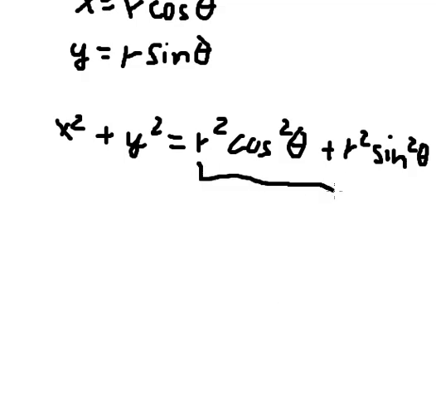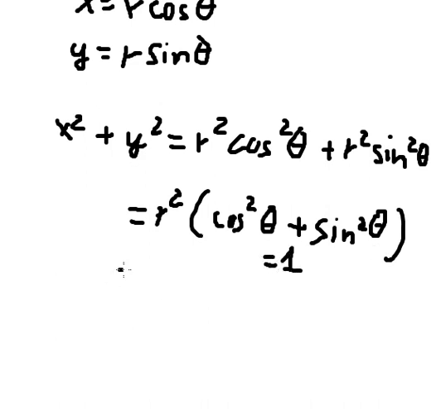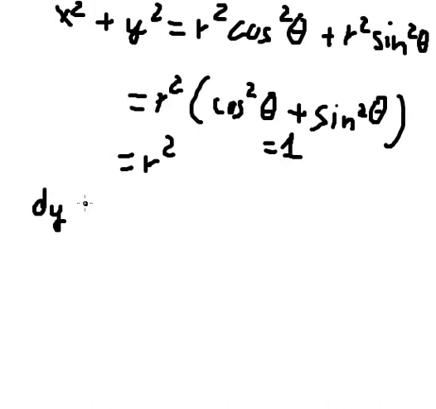Now we can do factorization by r squared, and this one is number 1. So you get r squared. dy dx we change to r dr d theta.